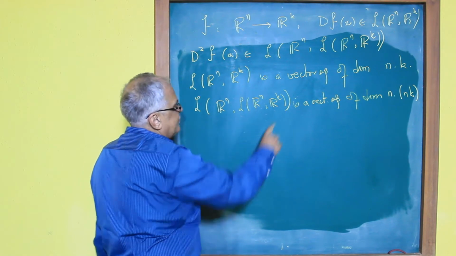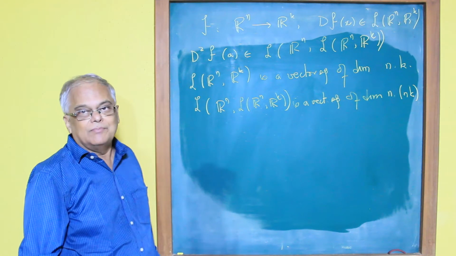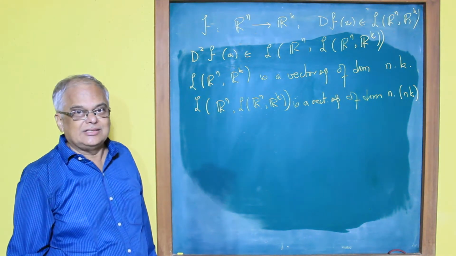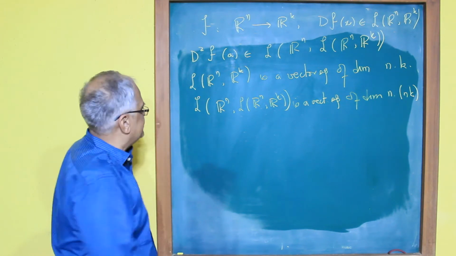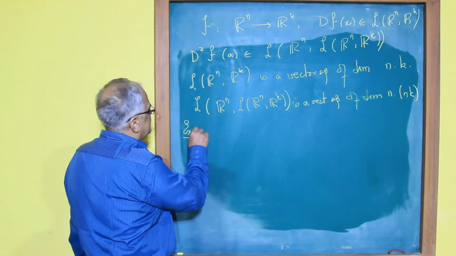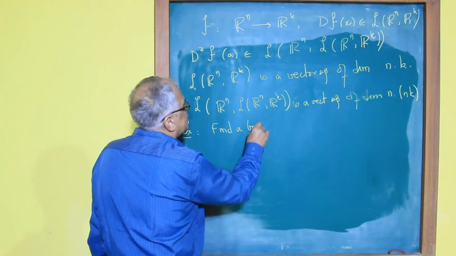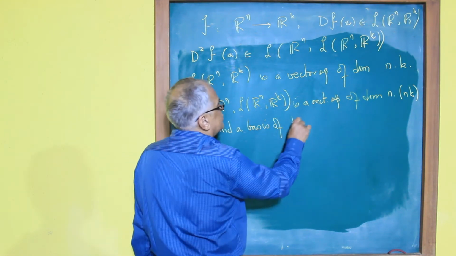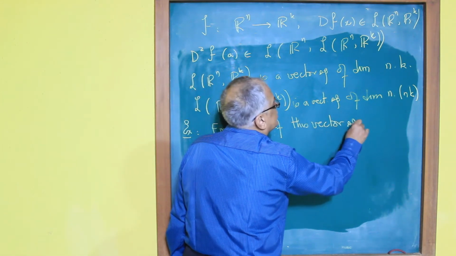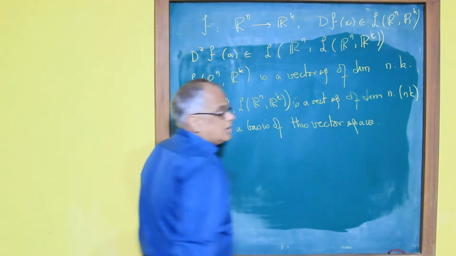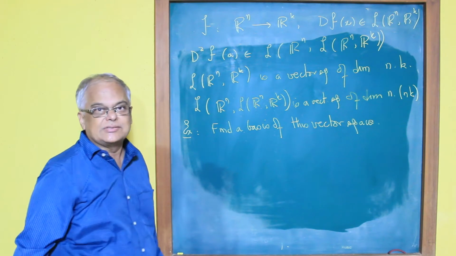It's a very good exercise at this stage to find a basis of this vector space. So the second derivative lies in this vector space.